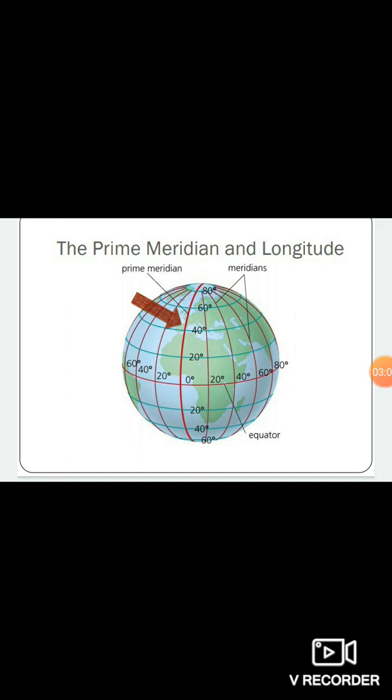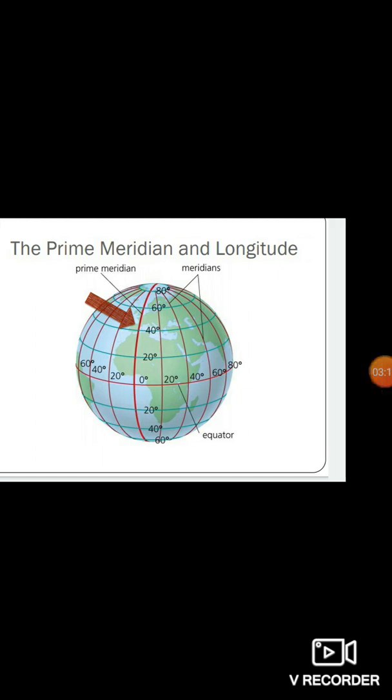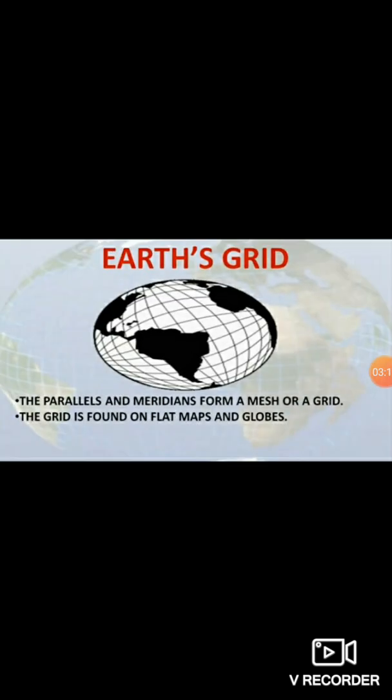You have to look around the intersection point of the two lines. What is a grid? The network of lines formed by the latitudes and longitudes is called a grid.